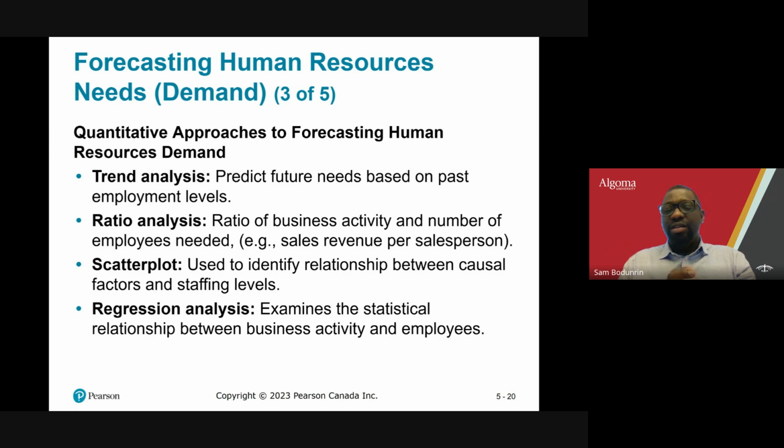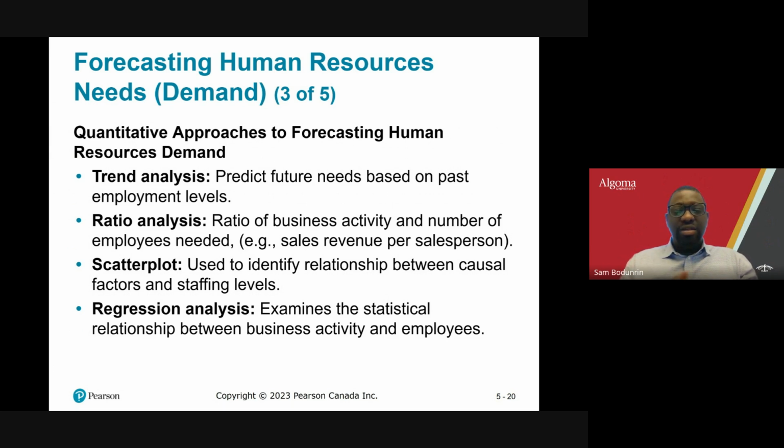So for ratio analysis, we're using business activities, the ratio of sales, for instance, to the number of employees we're going to hire. If the ratio of sales is high, then we need more people to join the force. If the ratio of sales is dropping, then that also drops.